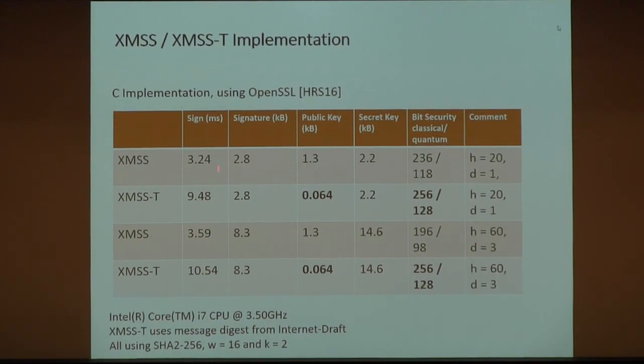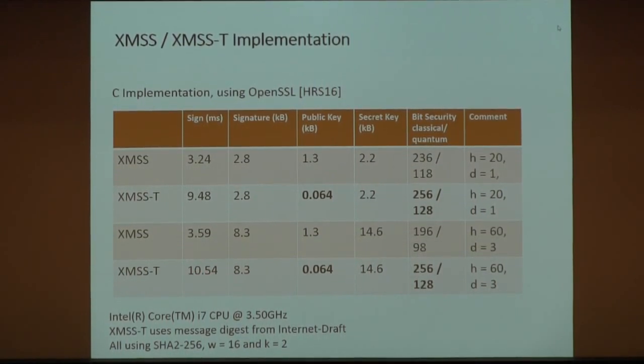Then the signing time for the first parameter set is 3 milliseconds for XMSS, 9 milliseconds for XMSS-T. The reason is that here the hashing is a bit more complex. And actually similar values for a total height of 60: 3.5 milliseconds and 10.5 milliseconds.